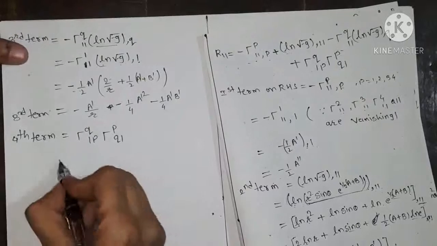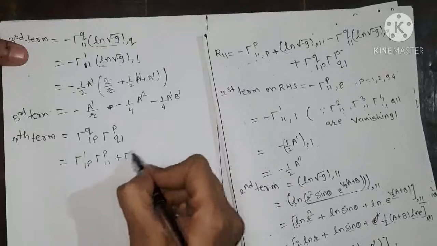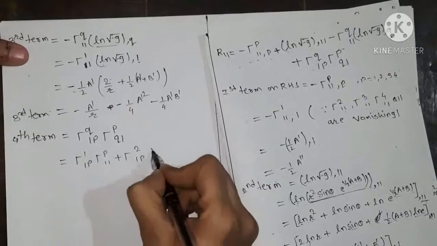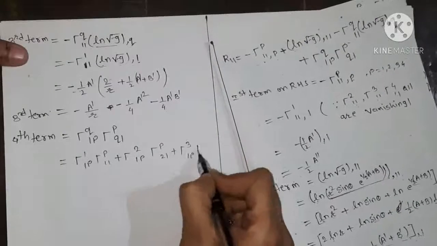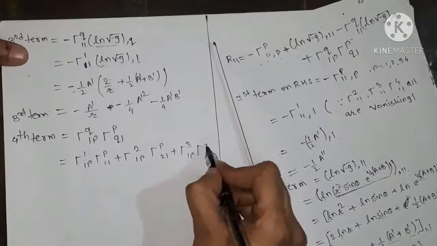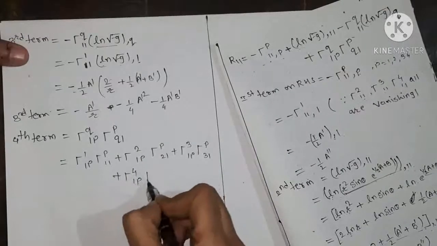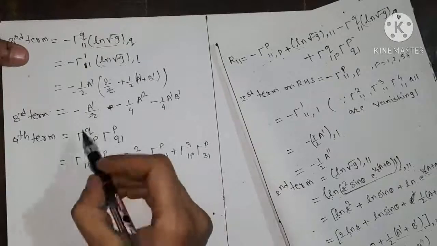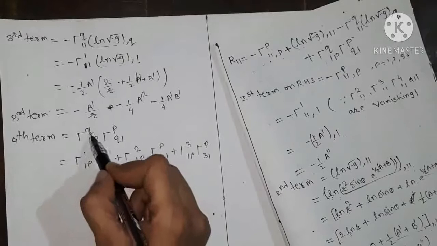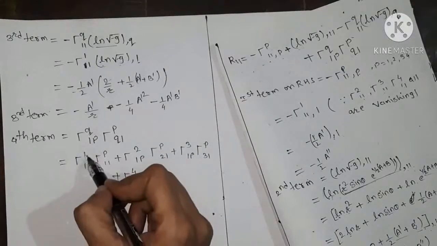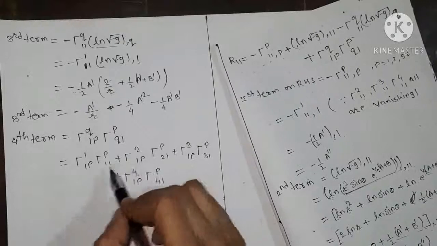So we are writing this as gamma of 1 gamma of p11 plus gamma of 2 gamma of p21 plus gamma of 3 gamma of p31 plus gamma of 4 into gamma of p41. Okay, so we are varying q firstly, then we vary p. So by varying q we use the summation rule for 1, 2, 3 and 4. When we vary we add the summation here.